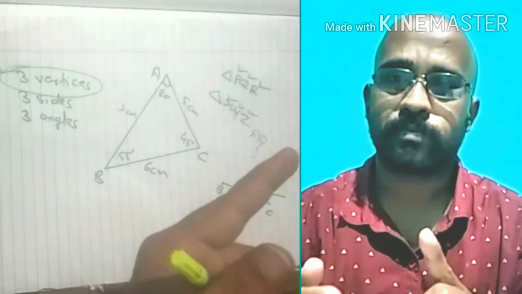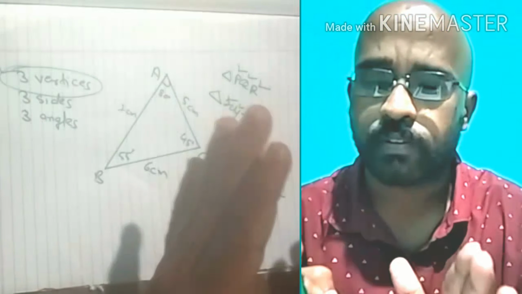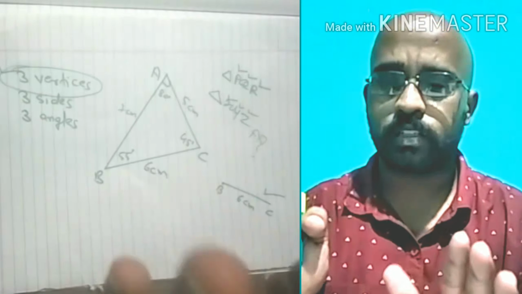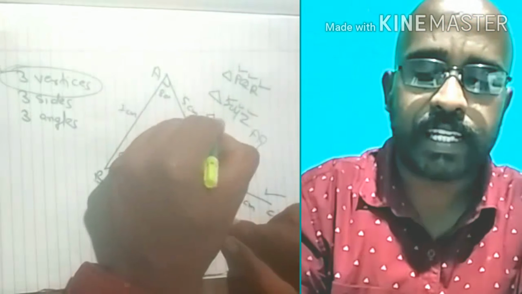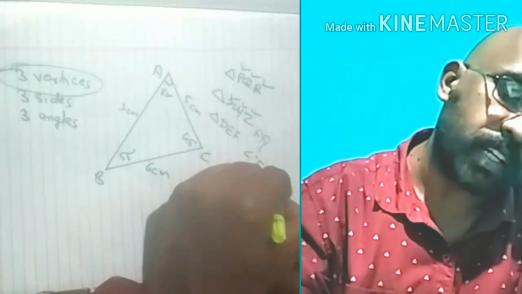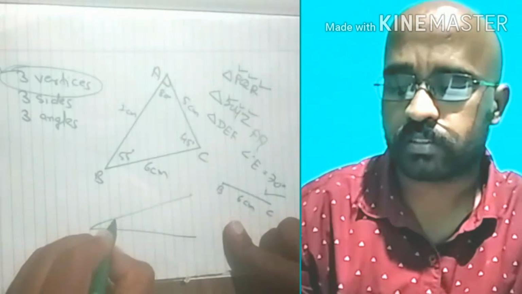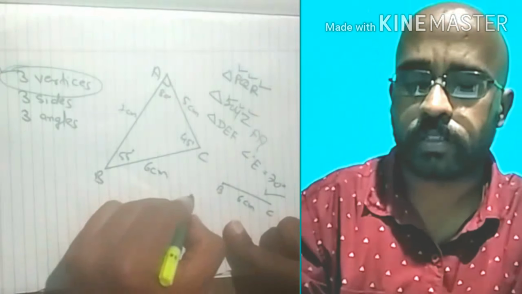Secondly, if after side information about any angle is given, then draw that angle. Consider we have to draw a triangle DEF where angle E is equal to 70 degree. If you draw an angle of 70 degree, it's not looking like 70, but it's all okay.